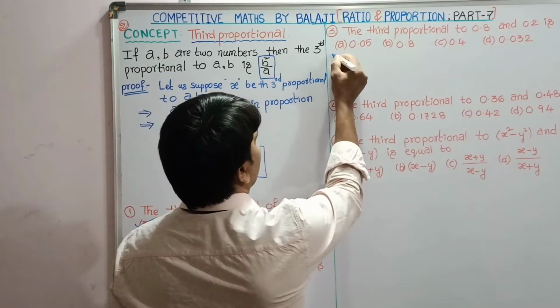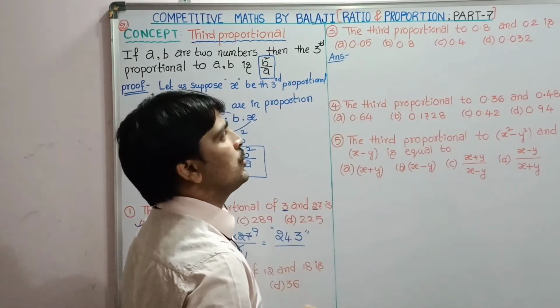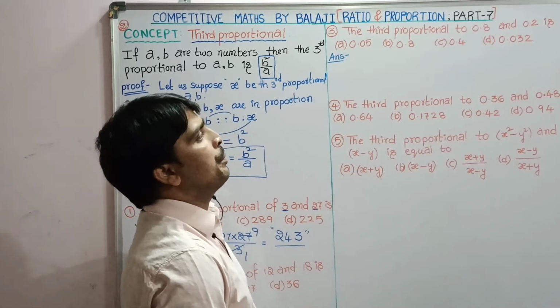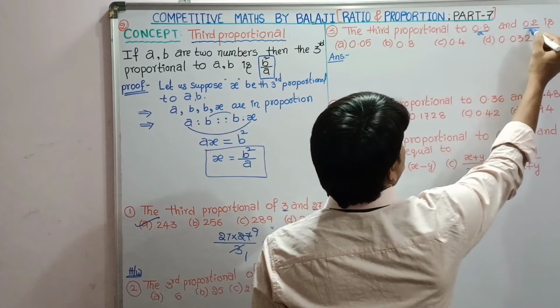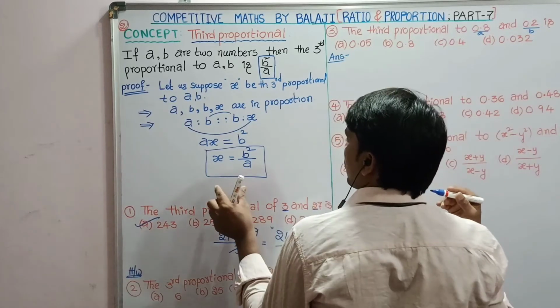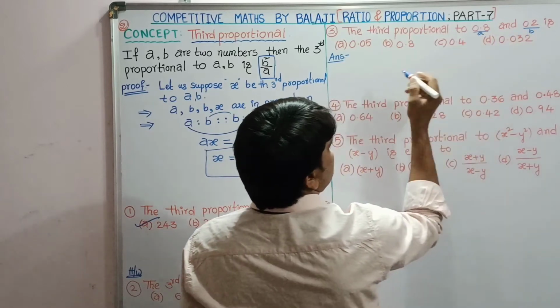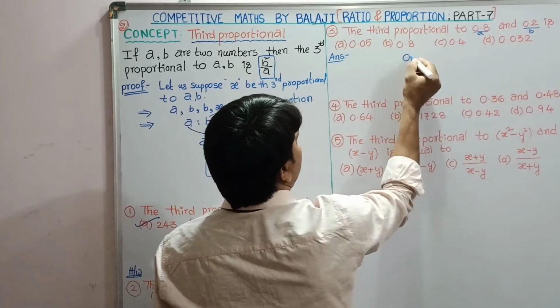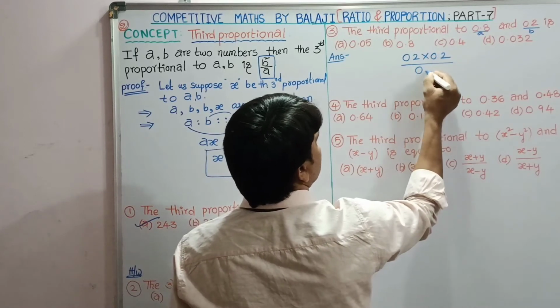Third one. The third proportional to 0.8 and 0.2 is. So this is a, this is b. We know that by the concept, the third proportional of a and b is b square by a. That is 0.2 into 0.2 by 0.8.